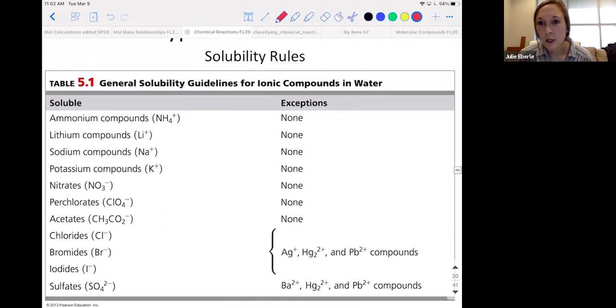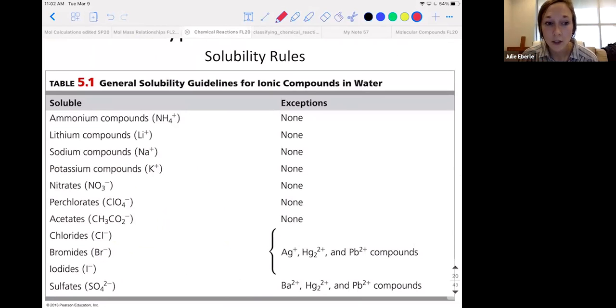So we got sodium sulfate. Is this going to be aqueous? Is it going to be soluble, or is it going to form a precipitate? What do y'all think? Do you see sodium or sulfate anywhere on here? Remember, people are like, well, how do I read this again? I forgot. Here's how you read it. If it's on the chart, it is soluble. If it's on the chart, it's soluble.